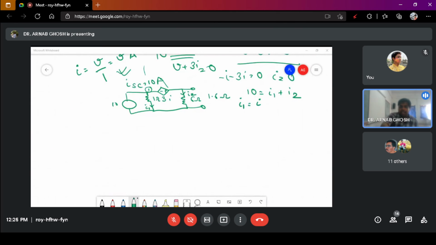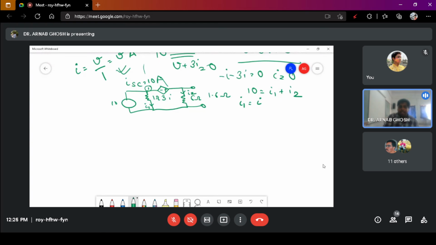This was your I. So I1 was equal to I. So you apply here the KVL and you will get 6I2 will be equal to I1 into 1 plus 3I1. I1 into 1 plus 3I1 will be equal to 6I2. This is the KVL equation.